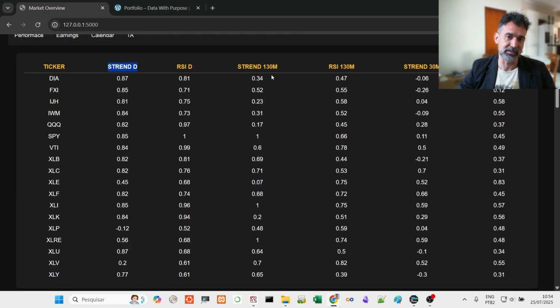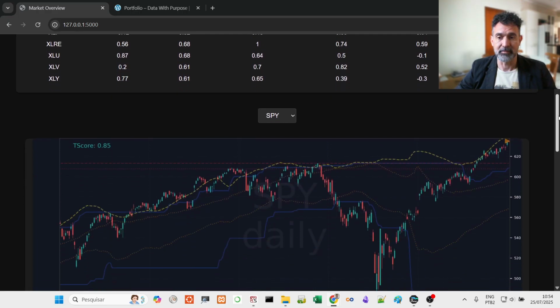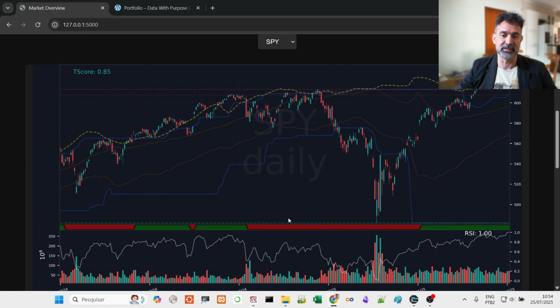You can see here the trend and the momentum measured by the RSI, sorry. So here we have a daily chart with some indicators. Right here we can see we're trending up. This is a trend score, calculated based on these trending indicators.